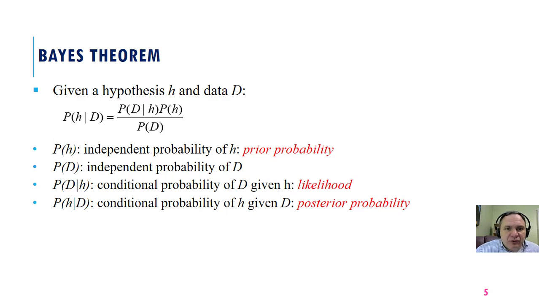Obviously, if we live in a dry area like New Mexico, Arizona, things like that, the probability of rain would be low. And if we live in a rainy area like Washington State, the probability of rain would be higher in this case.